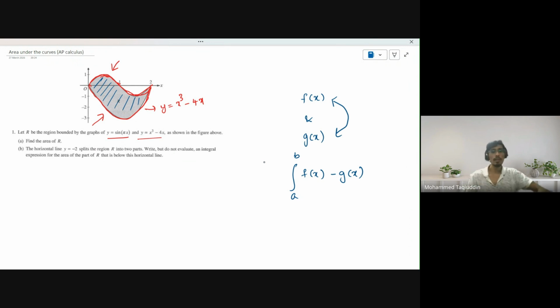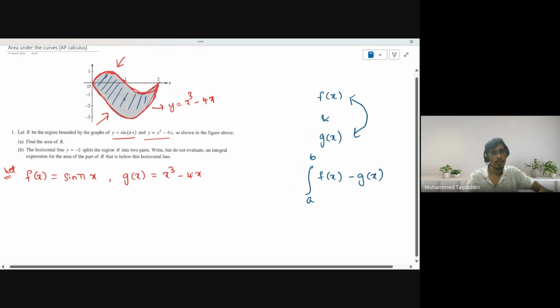Similarly, we have two different functions in this question. Let me consider one of the functions as f of x equals sine pi x, and the other one, g of x equals x cubed minus 4x. I'm going to find the region for this.